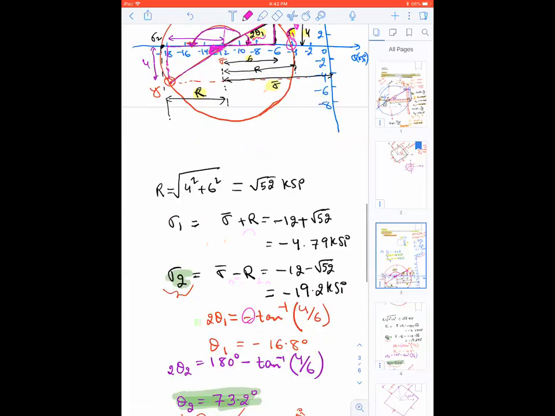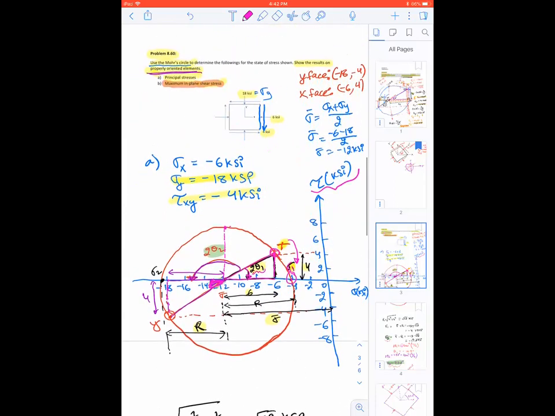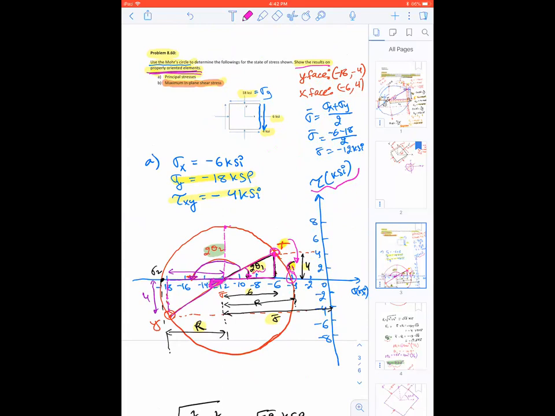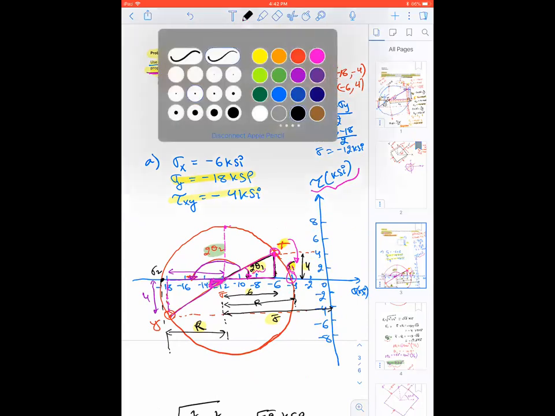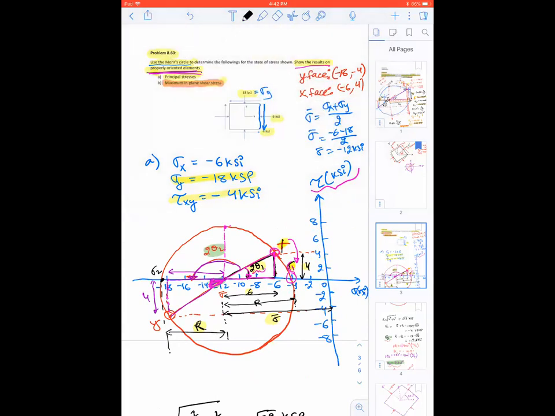Now let's look at the angle. We need the direction because we need to be able to show it in properly oriented elements. So how do we get the direction? You're going to move from the x face to my tau max and tau min.